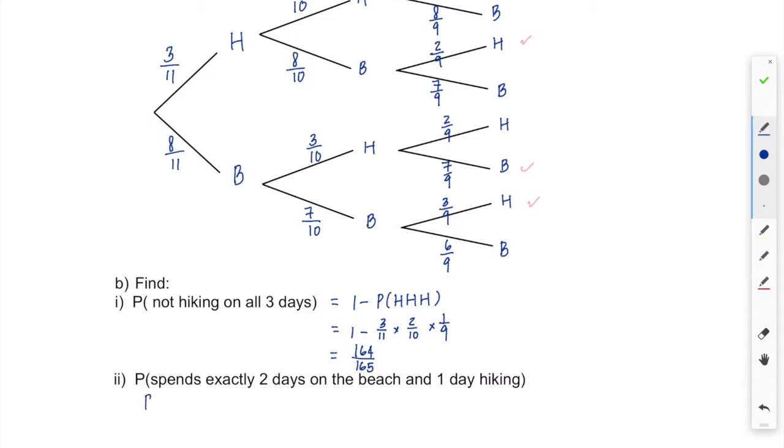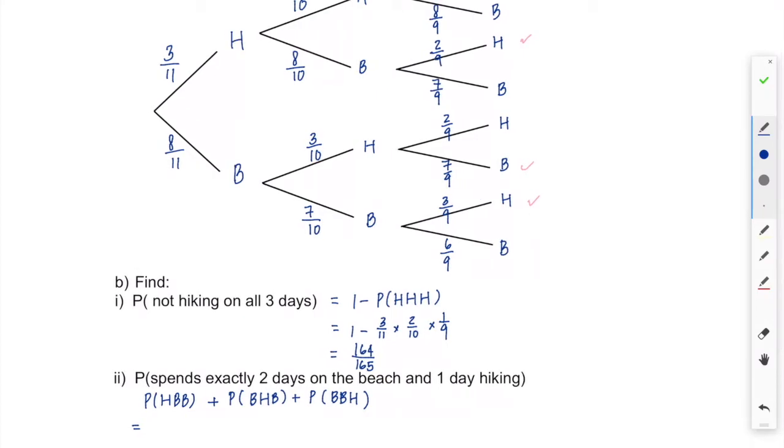So this is P of HBB plus P of BHB plus P of BBH. Okay. For each one of these routes, we have 3 out of 11 times 8 out of 10 times 7 out of 9.